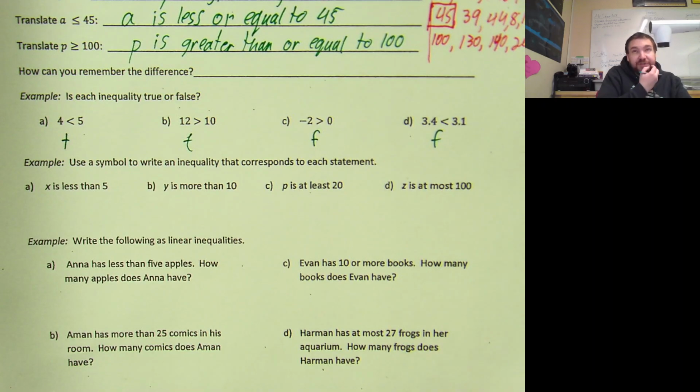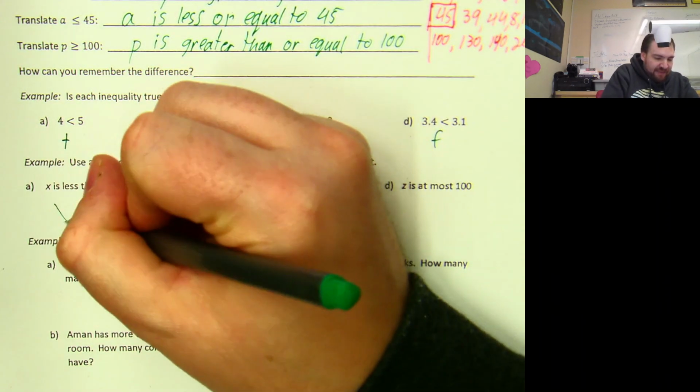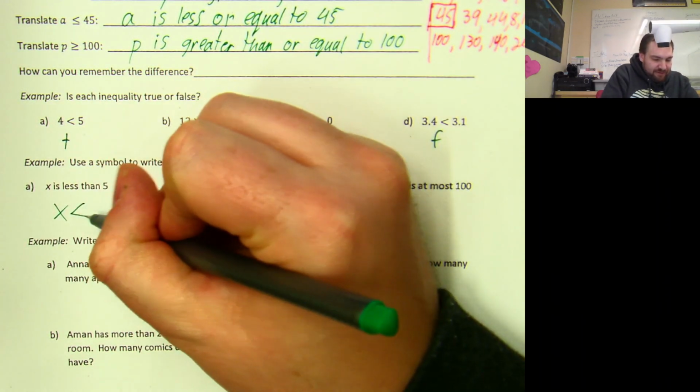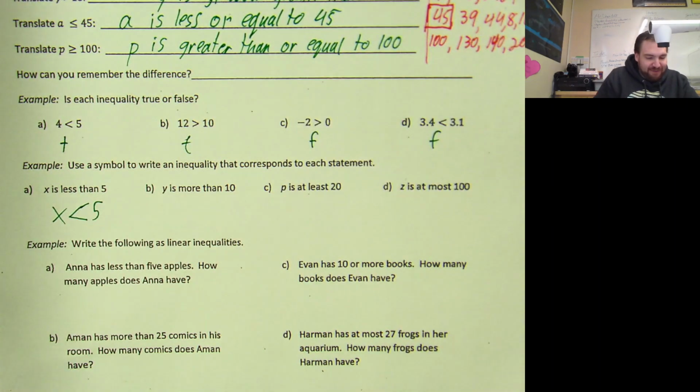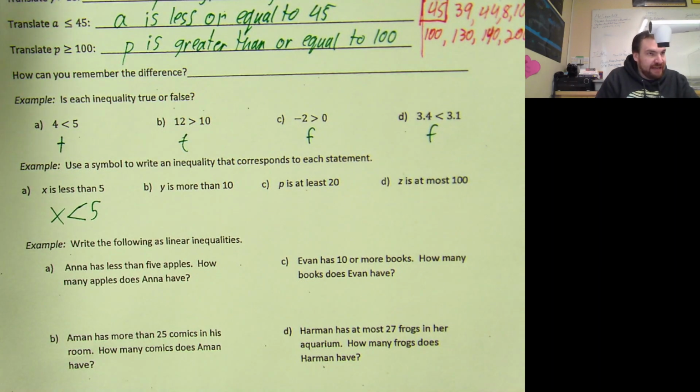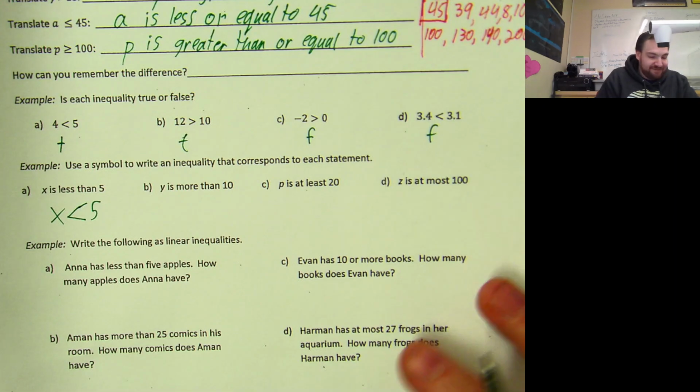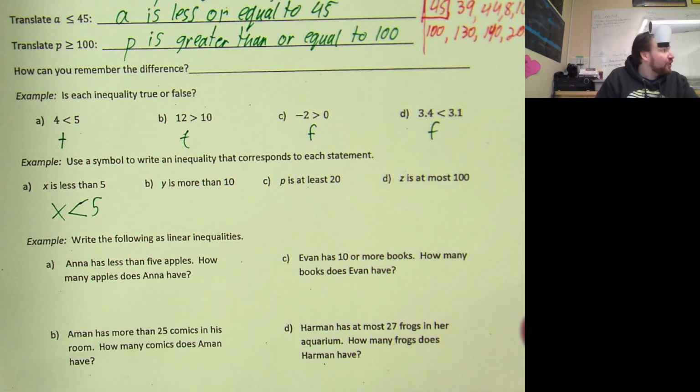Okay, so we're going to use the symbols here. X is less than 5. What's that going to look like? It's hard to describe. Okay, X, and then this one. The alligator points at the 5, if that's how we're going to remember it. Y is more than 10. Okay, hold on. Nika, you find the alligator. Why is the alligator confusing?